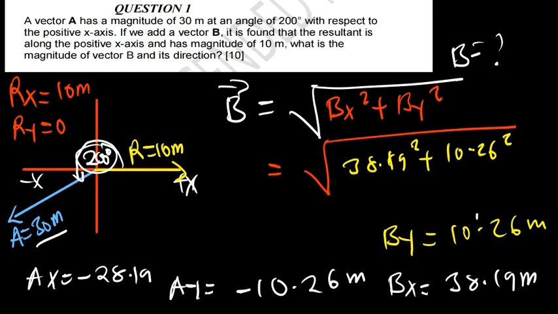I get the square root of this. I'm getting 39.54 meters. Can you confirm with me there, those having calculators? 39.5, right? Yes.